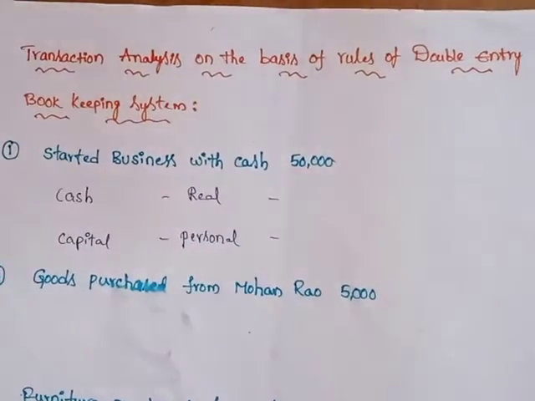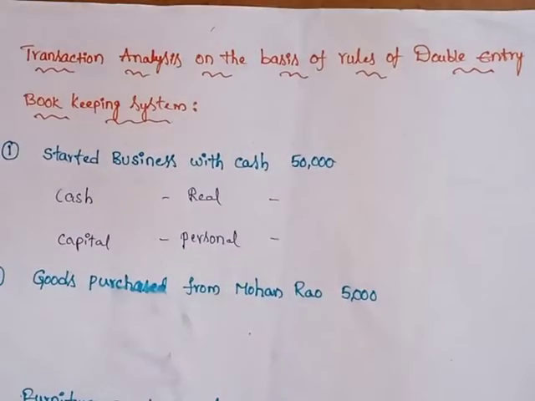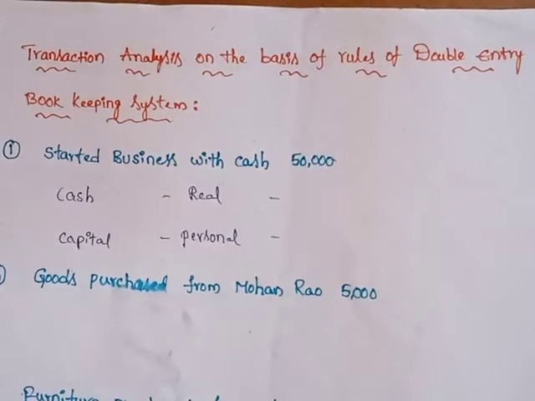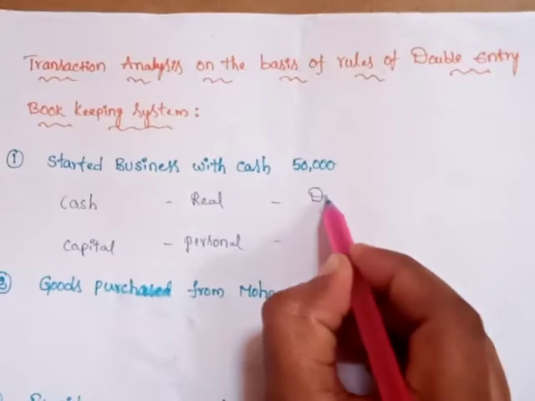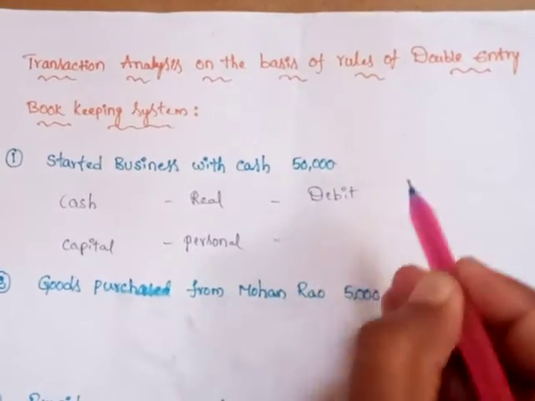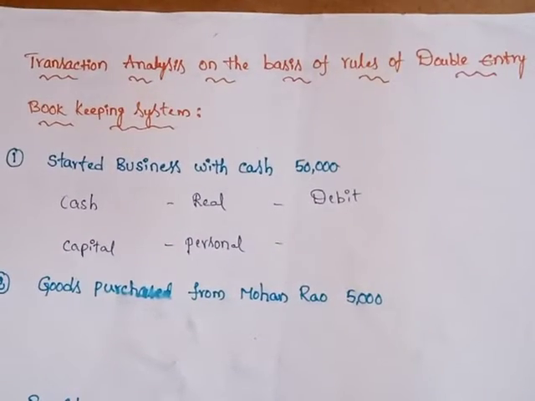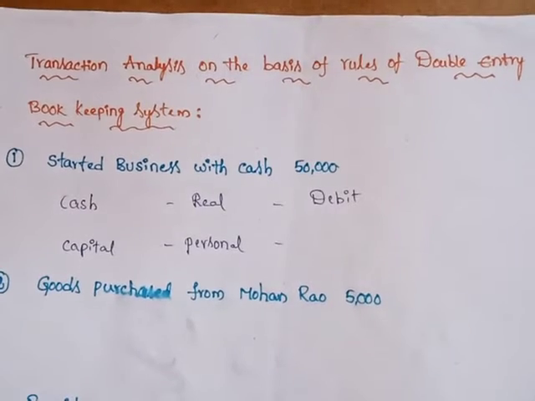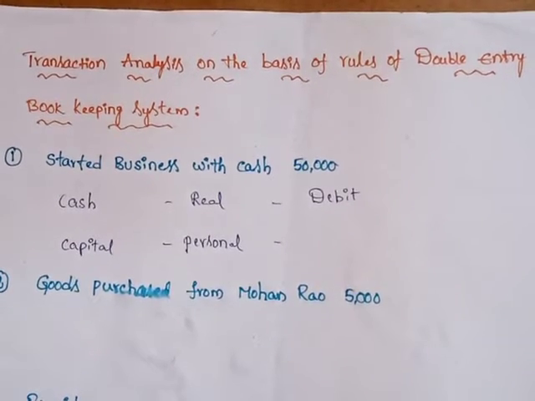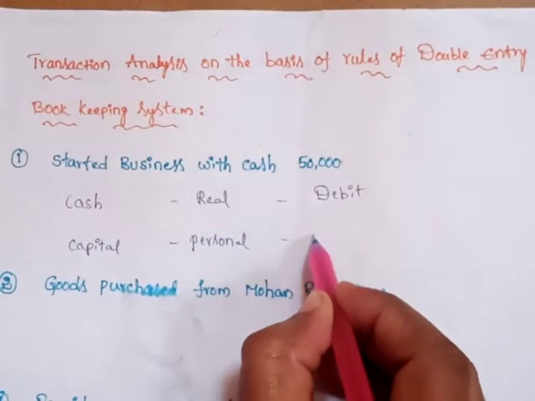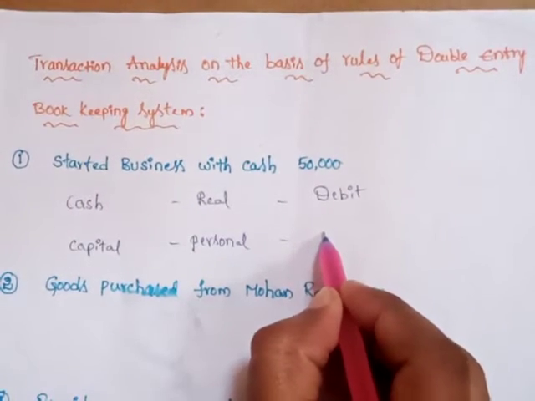Since cash comes into the business, according to real account, what comes into the business will be debit. And capital is provided by the proprietor, so according to personal account, the giver will be credit.